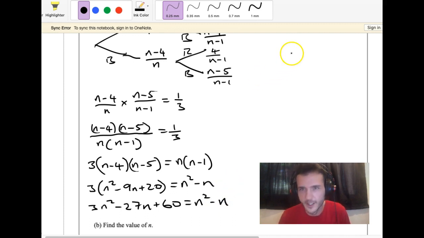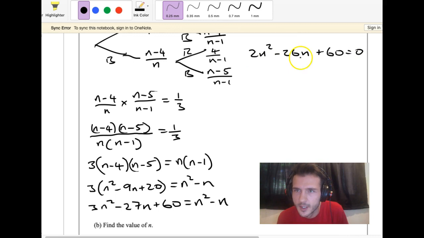Running out of space, I'm going to carry on up here. We take n squared from both sides, which leaves 2n squared. We add n to both sides, so we've got minus 26n plus 60 equals 0.